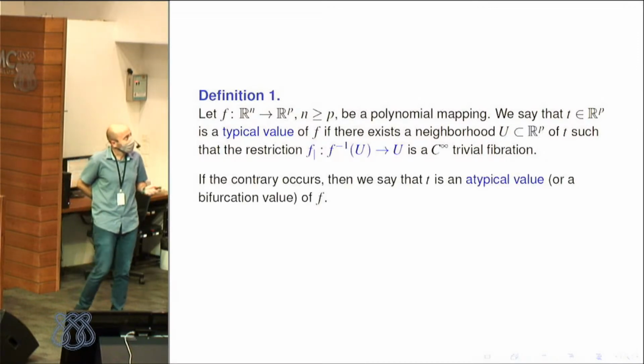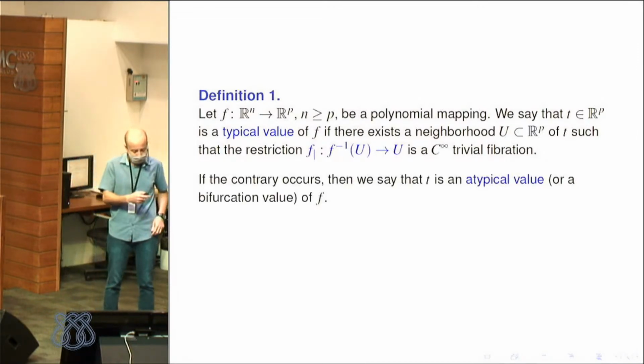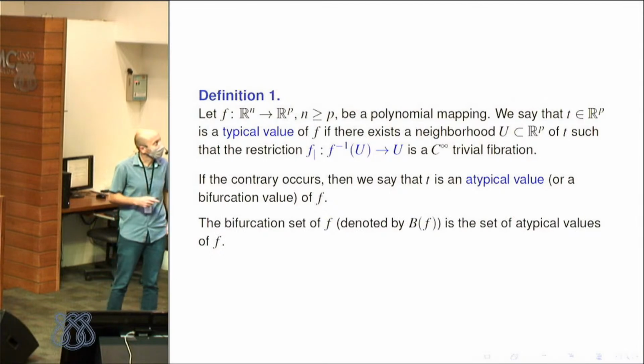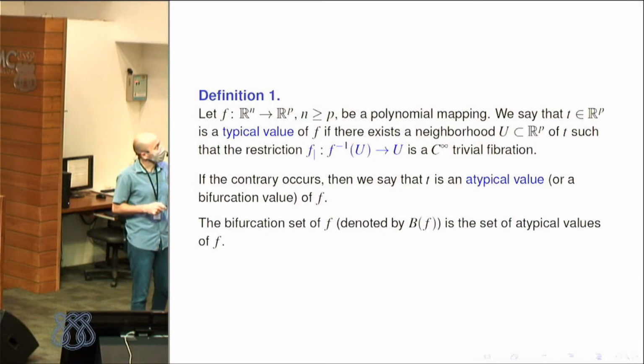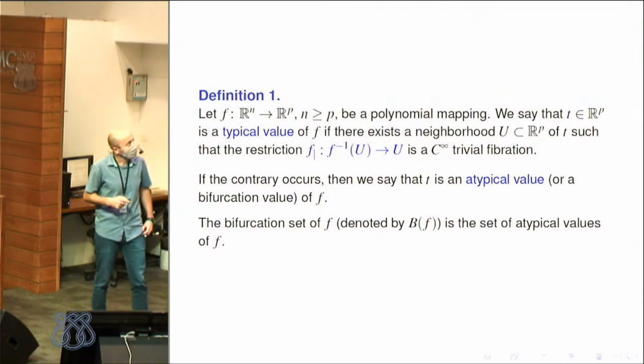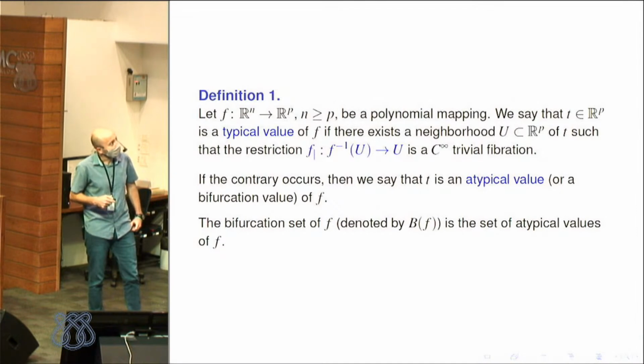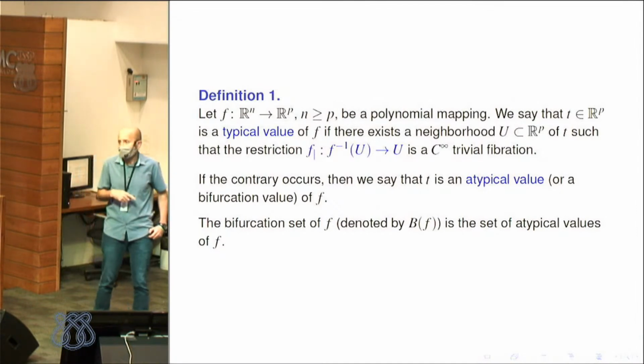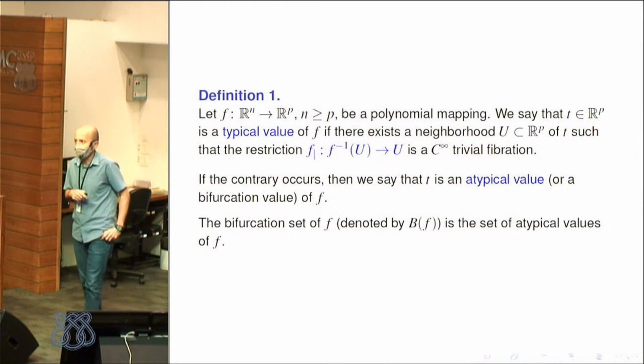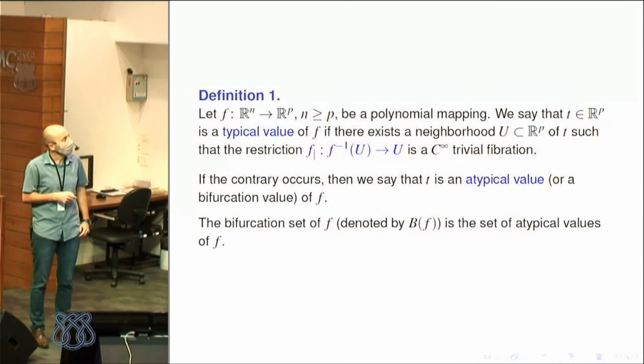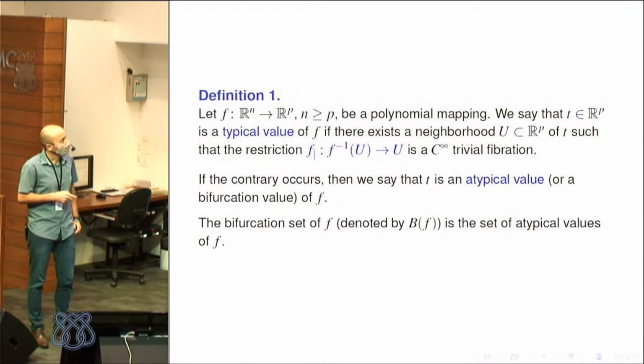If not, we say that T is an atypical value of F, and as before, we denote by BF the bifurcation set of F, which is the set of all atypical values of F. We discussed BF and also K infinity F in the first talk.